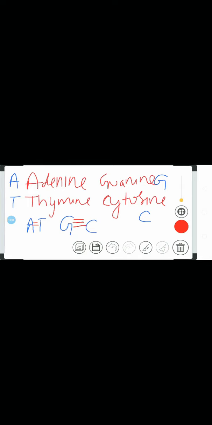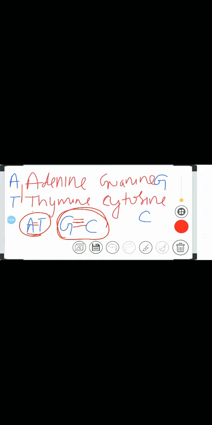Be clear with this concept that there are 4 nitrogenous bases, that is adenine, thymine, guanine and cytosine. Adenine always combines with thymine with 2 hydrogen bonds, and guanine always combines, means they just attract each other, guanine and cytosine with 3 hydrogen bonds.